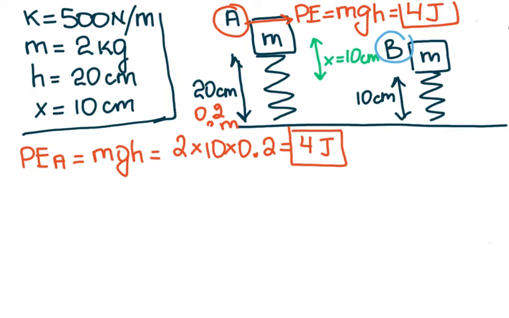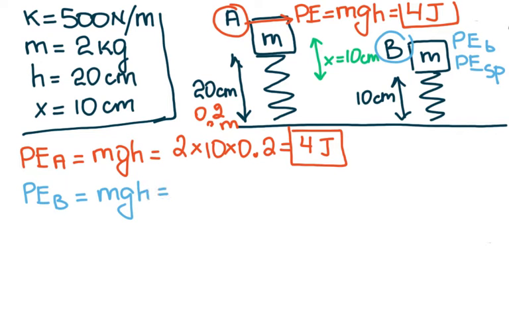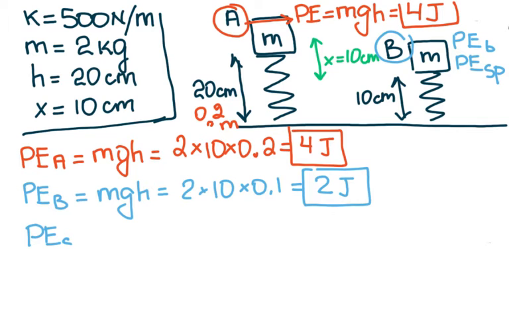Now at point B, I have potential energy of the spring and potential energy of the block. So potential energy of the block at B is equal to mgh, so you have m, g, and h is now 0.1, so I only have 2 joules of energy left for the block. And then I have potential energy of the spring at this moment as well, because the spring is compressed, 1/2 kx squared.